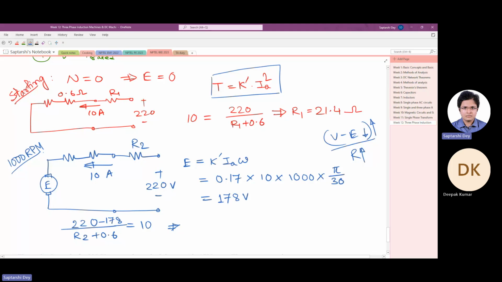I'm making a mistake here. 22, 2.2. How much are you getting? I think I made a mistake. 2.2 minus 0.6, 1.6, are you getting? Where is my calculator?